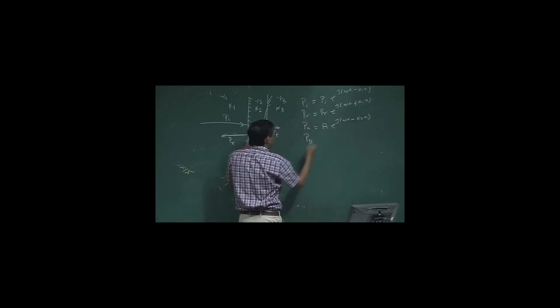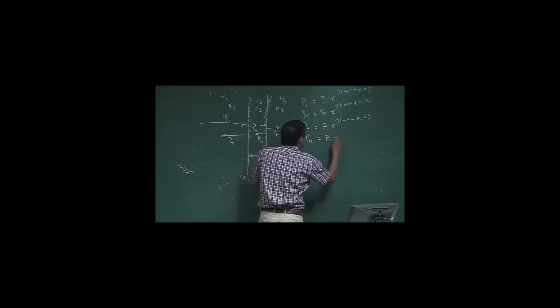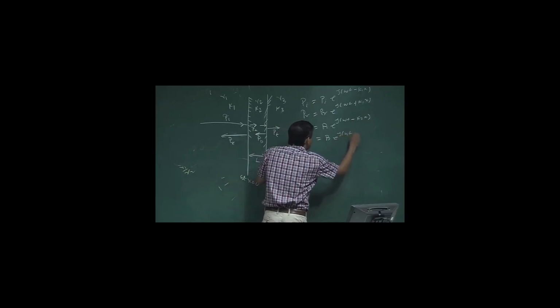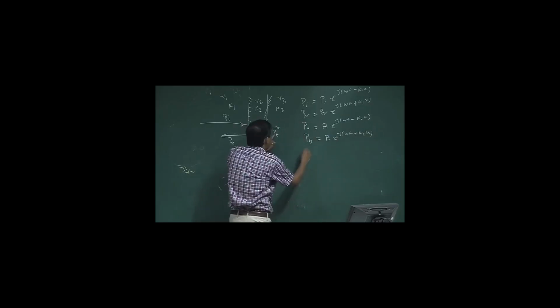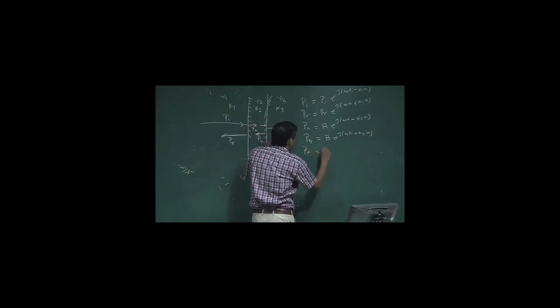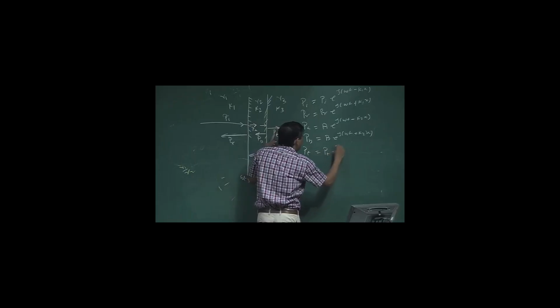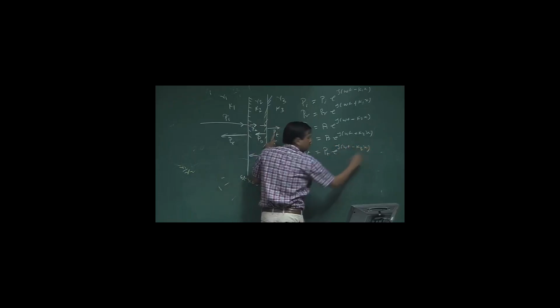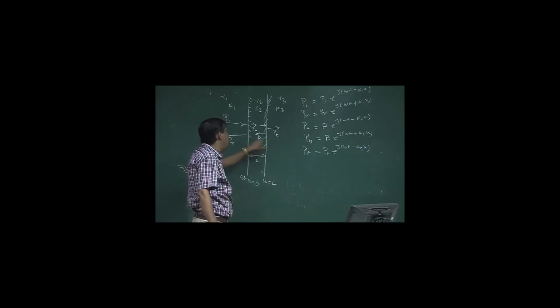Again it is a reverse direction, so it is nothing but b e to the power j omega t plus k2 x. Similarly, what is Pt? Pt is nothing but amplitude Pt into e to the power j omega t minus k3 x. Okay. So, those are the equations for Pi, Pr, Pa, Pb, Pt.